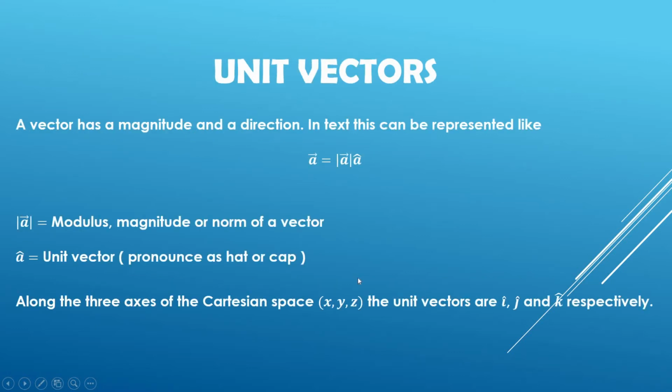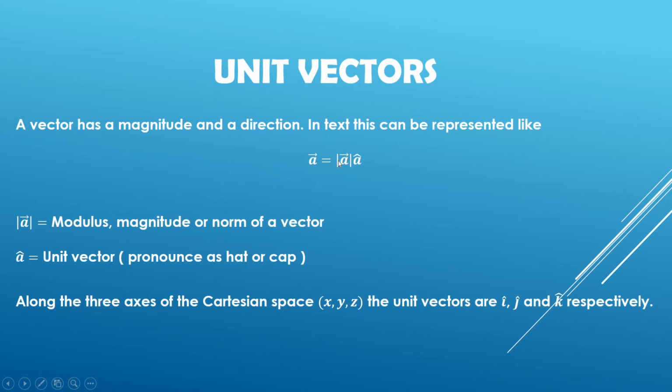Now, let us come to a very important part known as a unit vector. Now, we see that there is a vector, A vector, and this A vector can be subdivided into two parts.